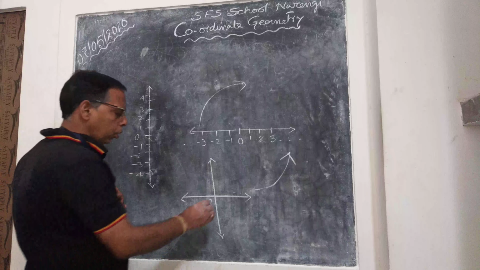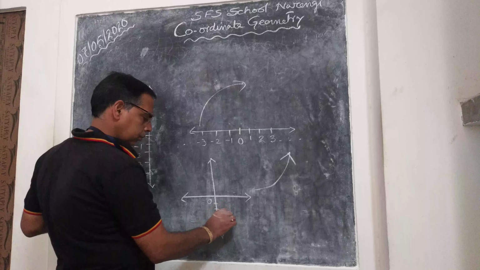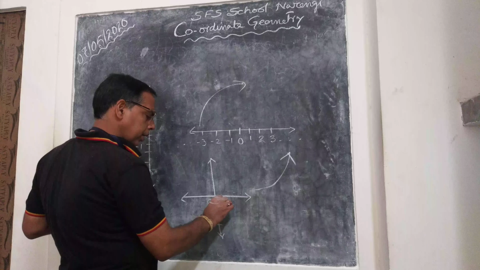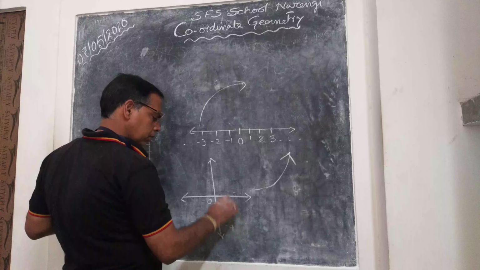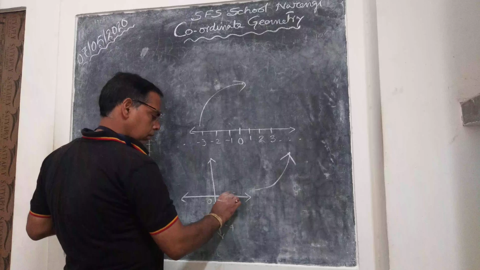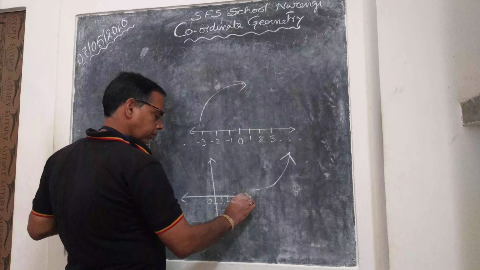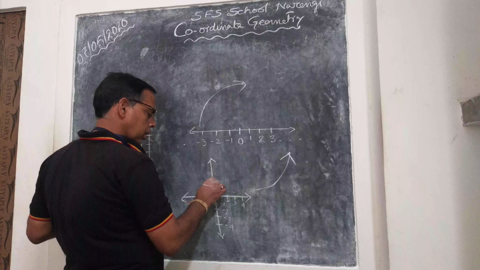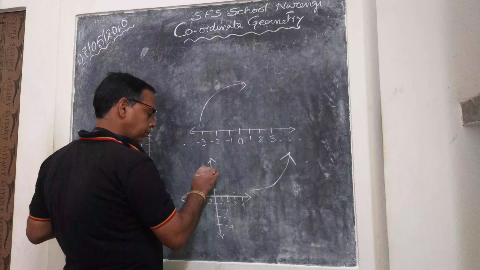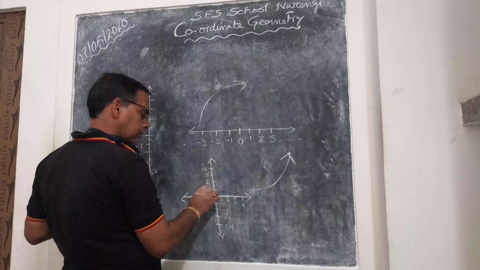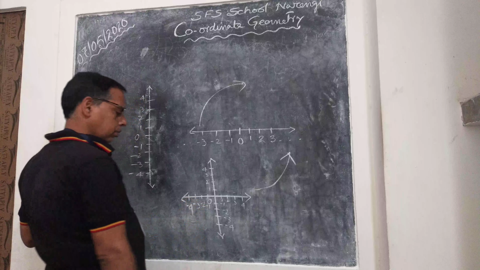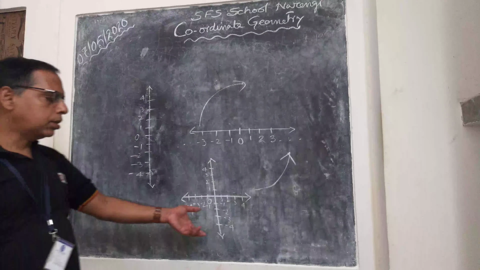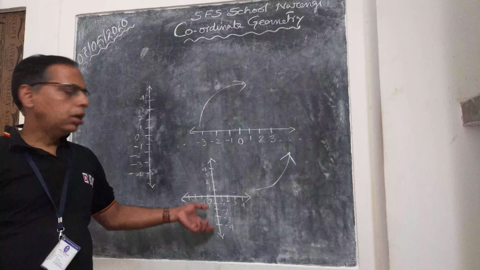Now see, -1, -2, -3, -4, 1, 2, 3, 4, 1, 2, 3, 4, -1, -2, -3, -4. Okay, so this is the coordinate axis.